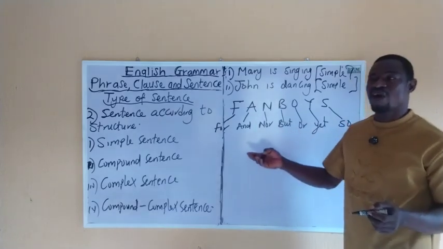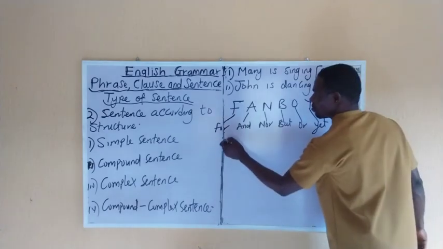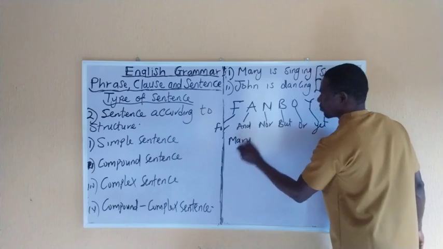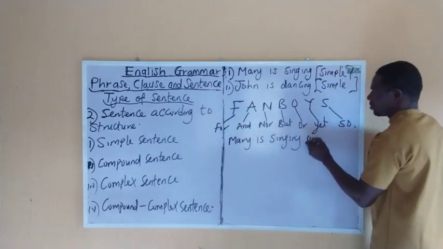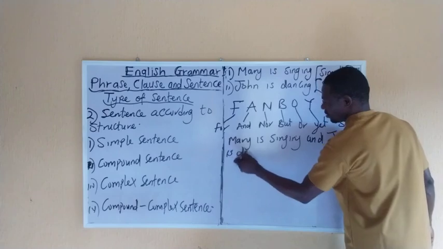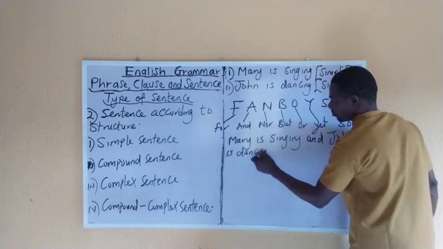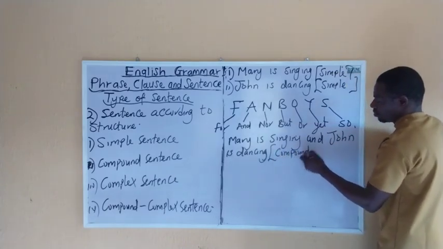So let's see an example of compound sentence. Mary is singing and John is dancing. Compound sentence.